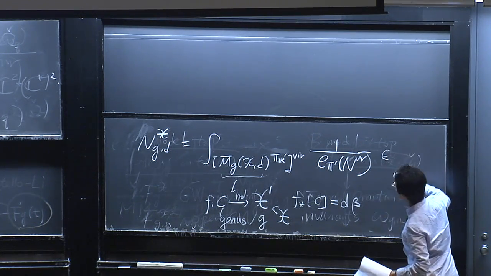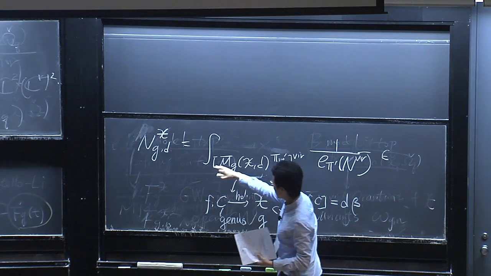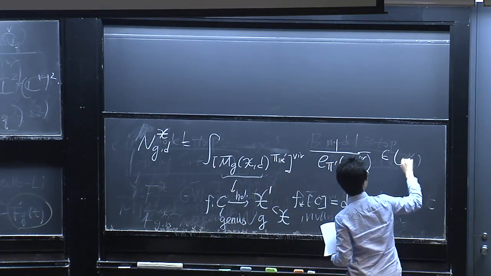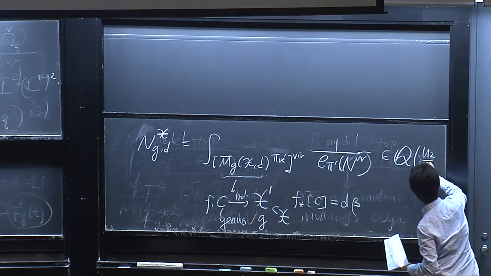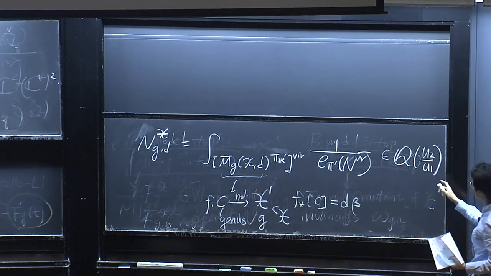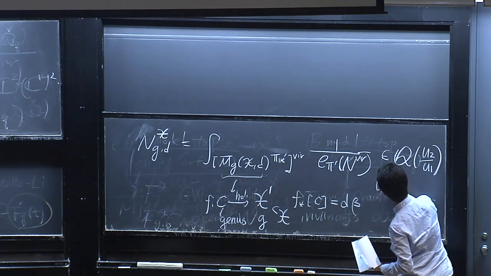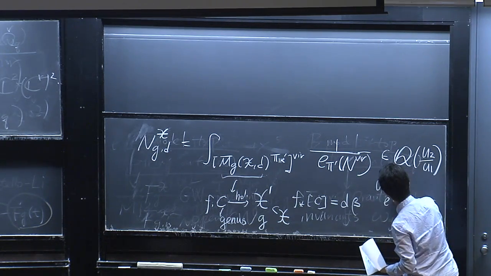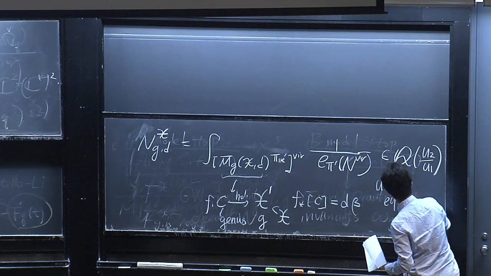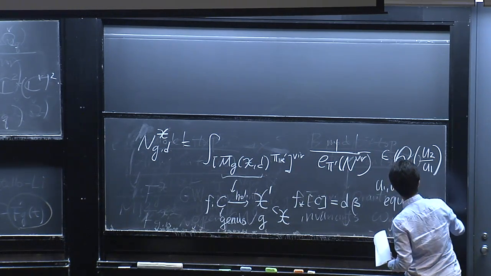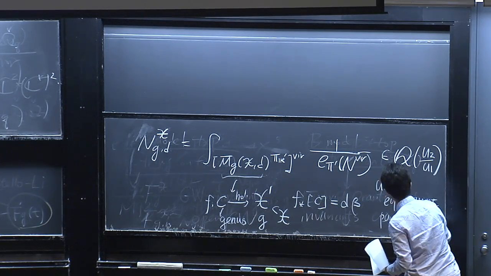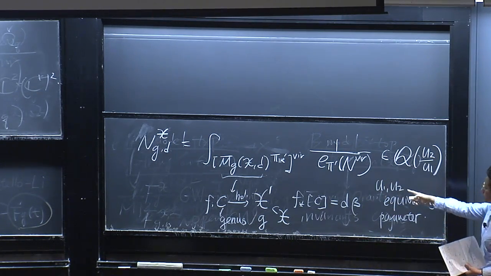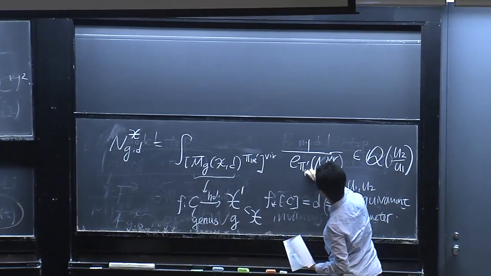A priori, when you define this equivariantly, you will get some rational function of u1, u2, where u1, u2 are the equivariant parameters. There are two of them because it's a two-dimensional torus.